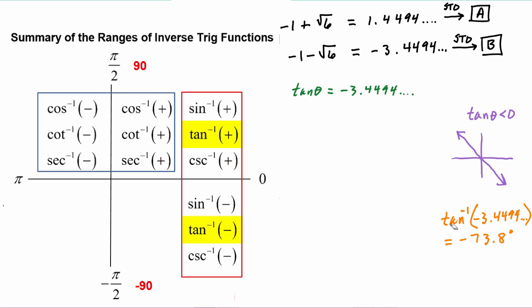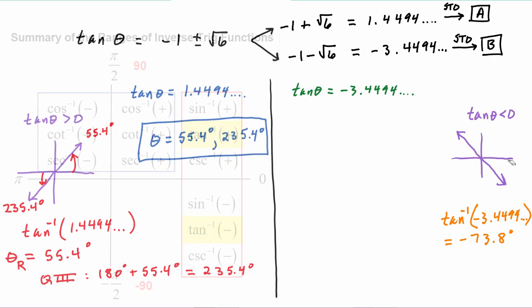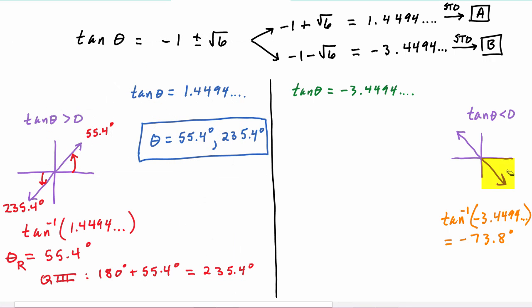But from this, we know that if our angle here was negative 73.8 degrees, while we know we can't use a negative angle because we are required to give our answers between 0 and 360 degrees, which means they all have to be positive, this tells us that our reference angle is going to be 73.8 degrees.